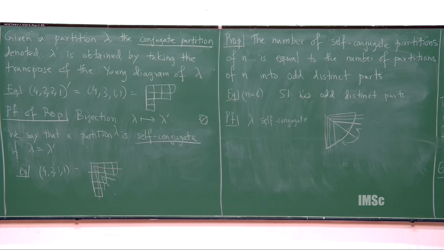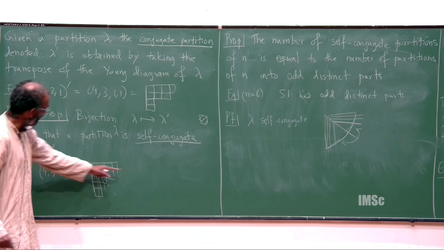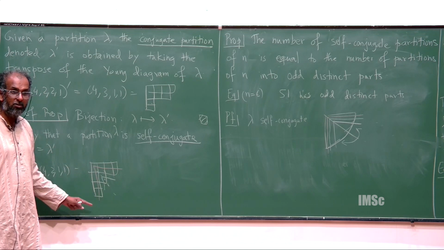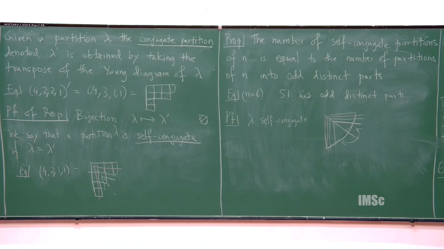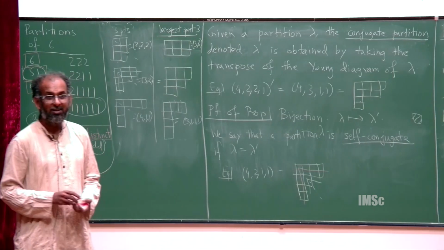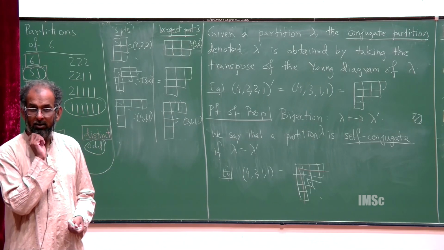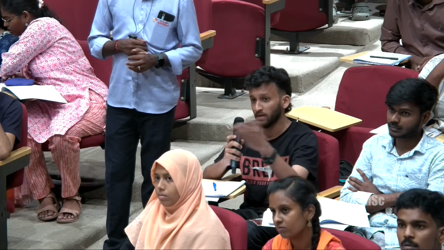It's self-conjugate. Remember, it's self-conjugate. Look at this one. It's self-conjugate, and the length of this hook is 7, which is an odd number. Here the number of boxes in this hook is 5. The number of boxes in the row is equal to the number of boxes in the column. Yes. But the total number of boxes in the hook is the number of boxes in the row plus the number of boxes in the column minus 1.